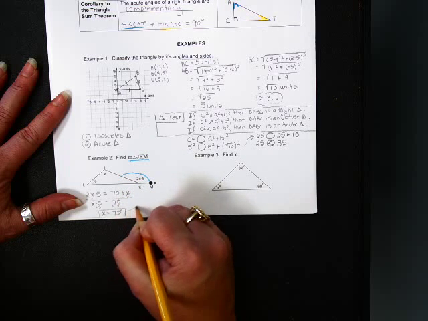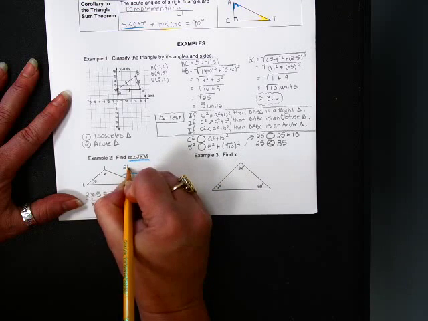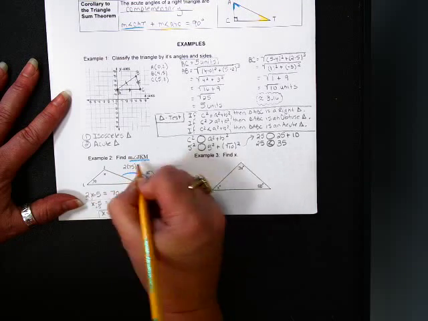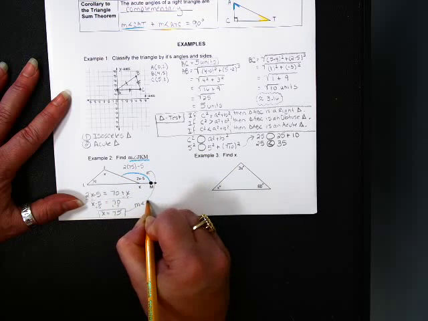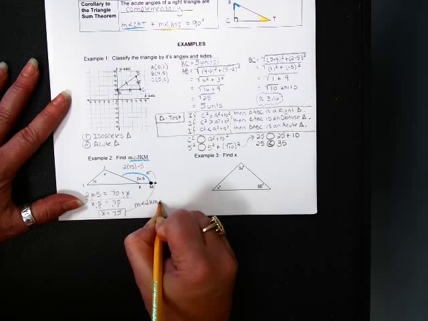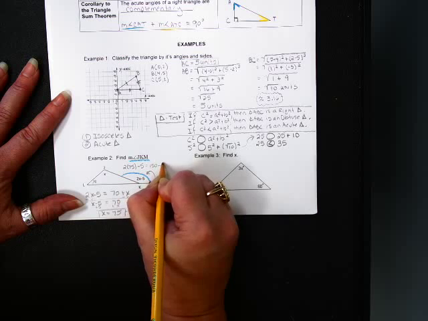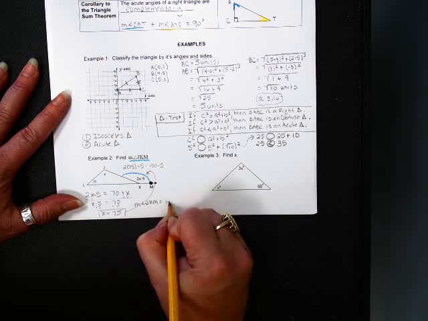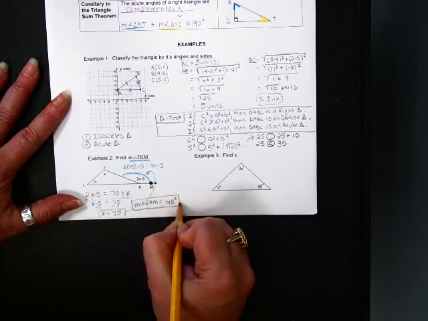So you have to take that and plug it back in. 2 times 75 minus 5. So your answer is the measure of angle JKM will equal, that's 150, take away 5, 145, and remember to put your degree mark, 145 degrees.